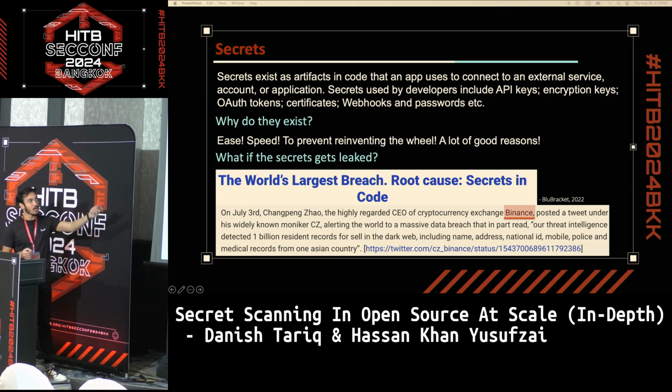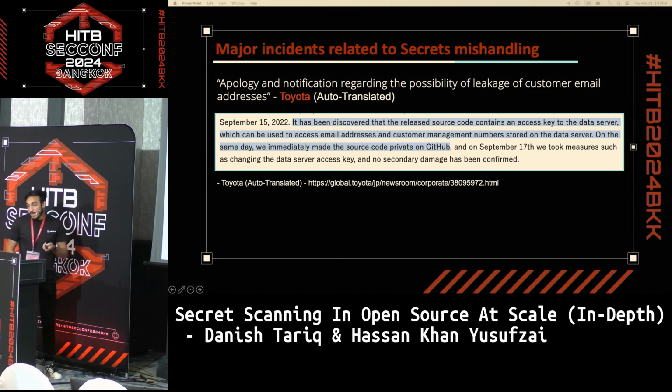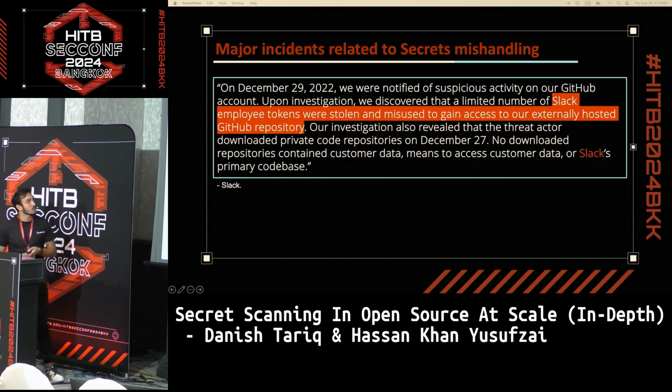So this happens. The largest breach happened at Binance last year, in 2022. And then we have more incidents. An incident in Microsoft. Then we have another incident in Toyota, where a leakage of customer emails happened. And this happened just because of the secrets being exposed.